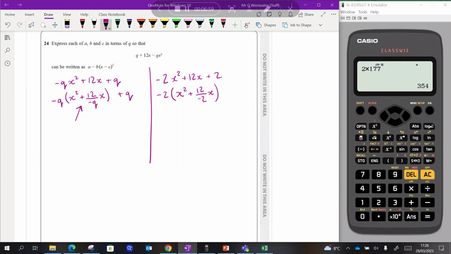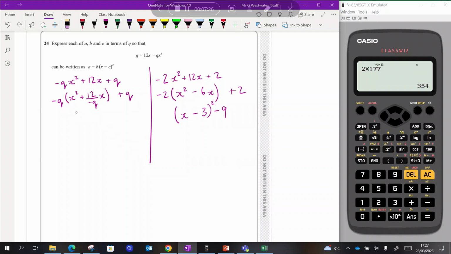Now I can complete the square for this part, ignoring everything else. Again, this is minus 6 if I simplified it. To complete the square here, it would be x minus 3, because we divide this by 2, squared, minus the square of this, so minus 9, for example.